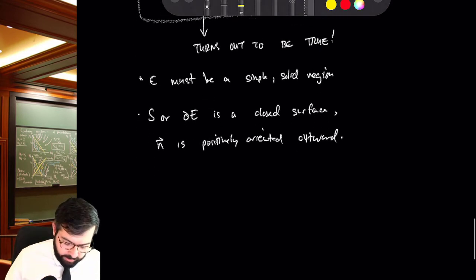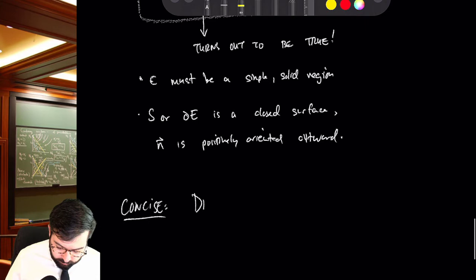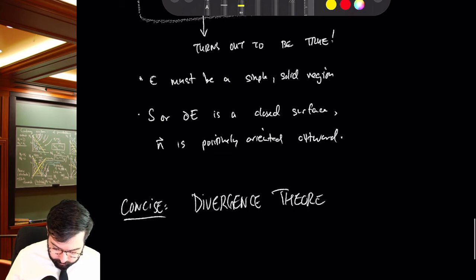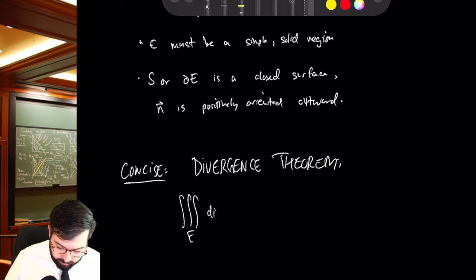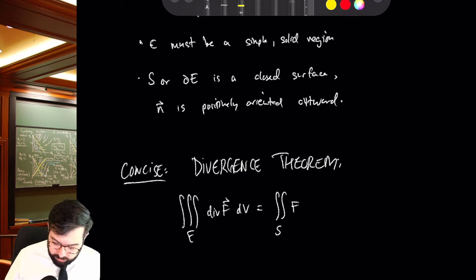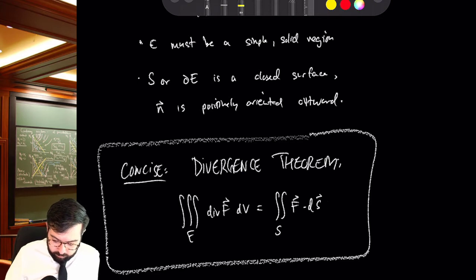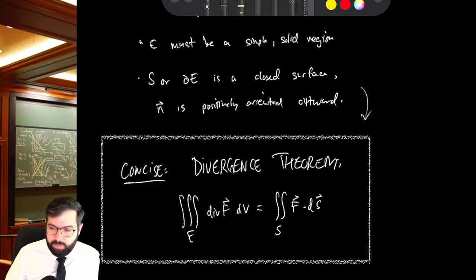All right, so the concise way to write this divergence theorem is exactly this: the triple integral over E of the divergence of F dV is the double integral on the surface of F dS, with all these conditions implied here.